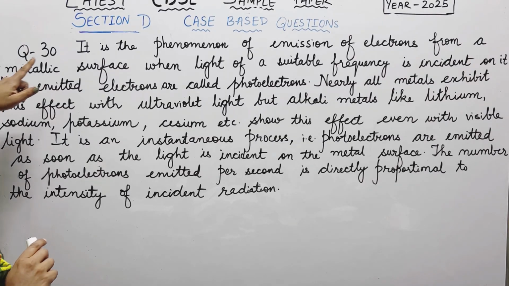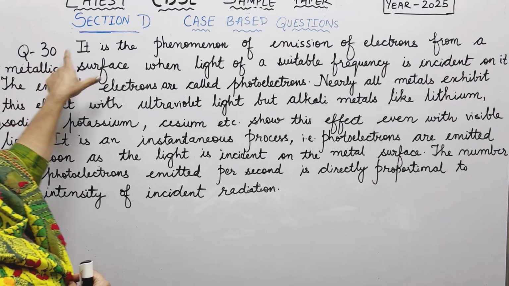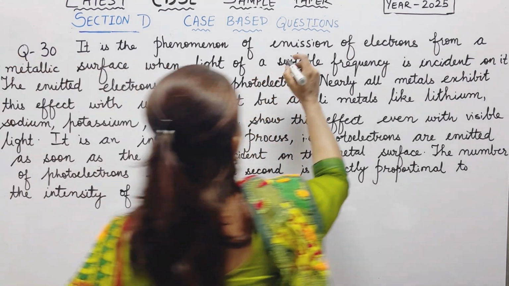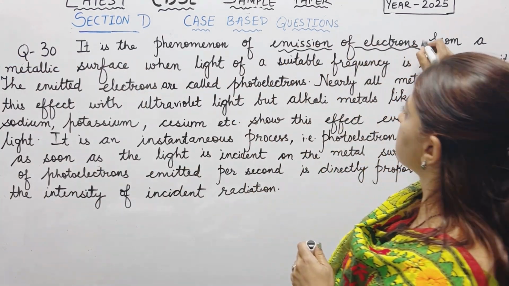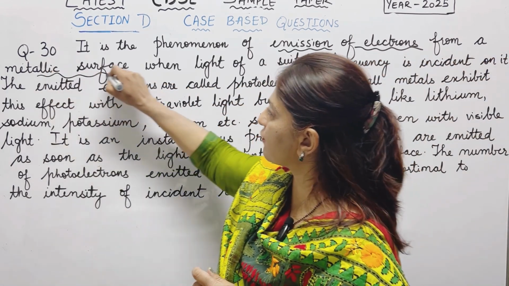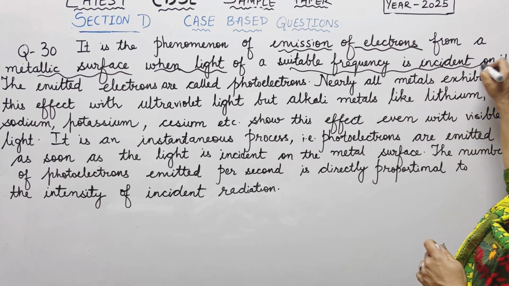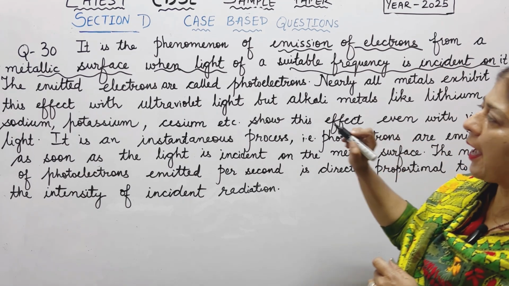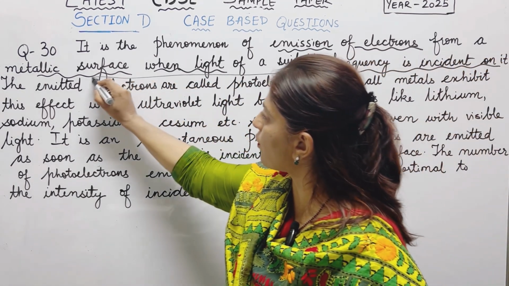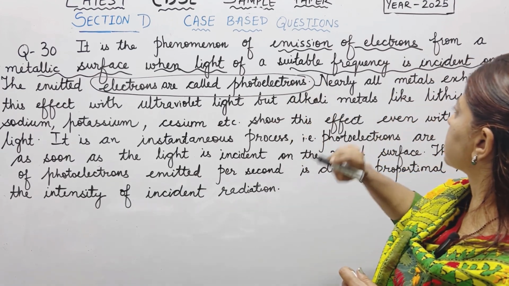Now the 30th question of section D. It is the phenomenon of emission of electrons from a metallic surface when light of suitable frequency is incident on it. The emitted electrons are called photoelectrons.